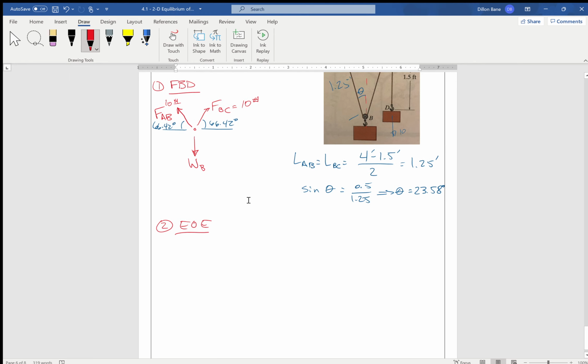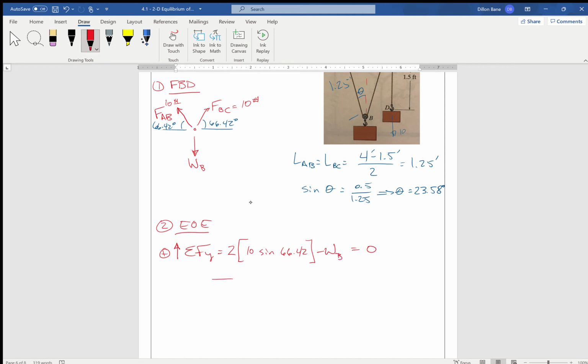So sum of forces in the y, assume up to be positive. It is symmetric again, so I'm going to just multiply by 2, and it is 10 pounds times sine of 66.42 minus WB is equal to 0.